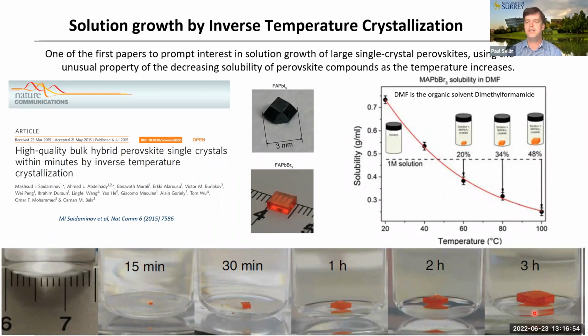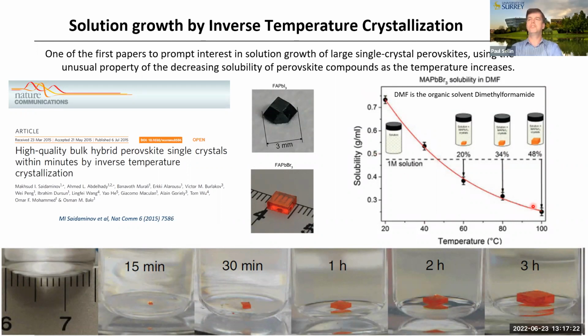So what's going on here? This isn't kind of what we expect. And the key to this is to understand the solubility of the material. So here on the right is the solubility of the perovskite precursors in an organic solvent, which is dimethylformamide, DMF. And we can see that as the temperature of the solution is increased, the solubility in this organic solvent actually drops.